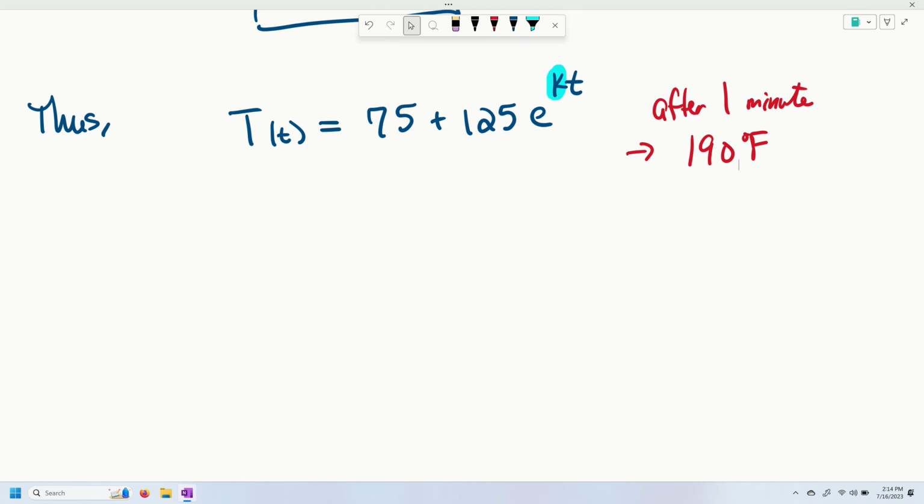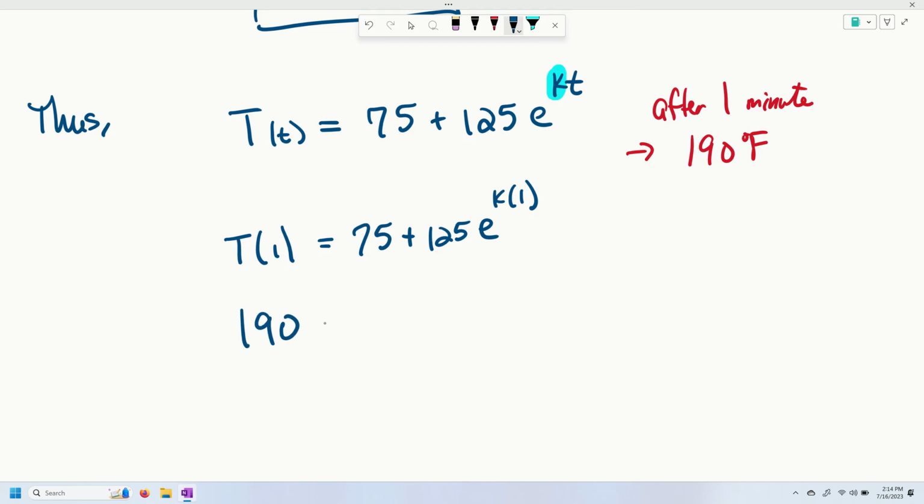So what we're going to do is say T of 1 equals 75 plus 125 e to the k times 1. But we know what T of 1 is. T of 1 is 190 degrees.